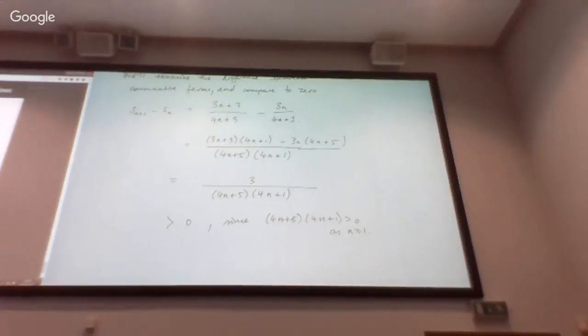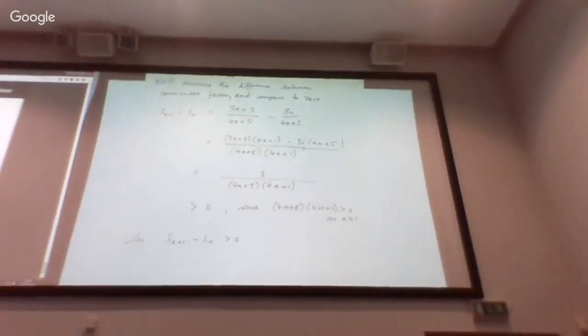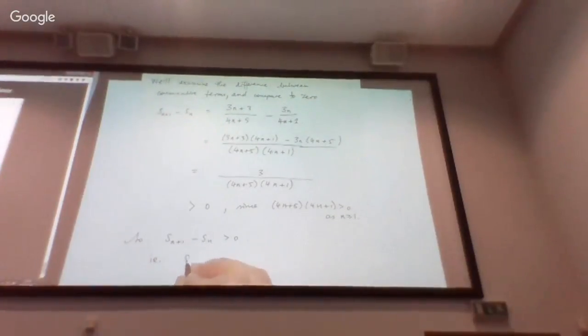Remember, for these purposes, all we were interested in doing was comparing this to 0. So, just to summarize what we've got there, we've established that S(n+1) minus S(n) is bigger than 0. So, putting the S(n) to the other side, we've got S(n+1) is strictly bigger than S(n). So, a strictly increasing sequence.